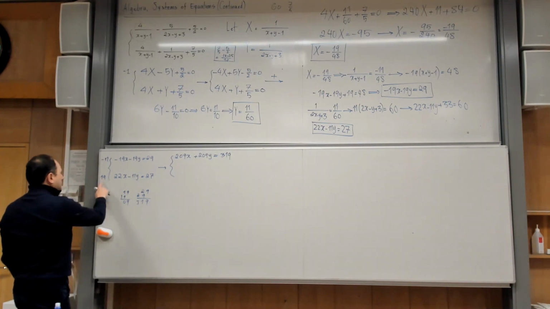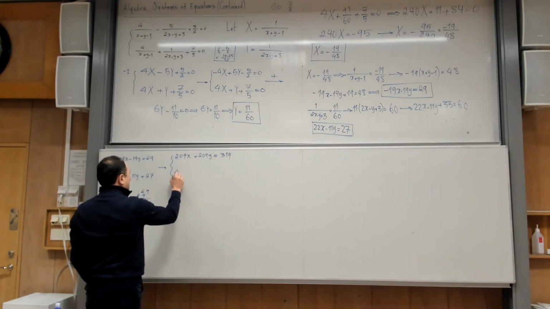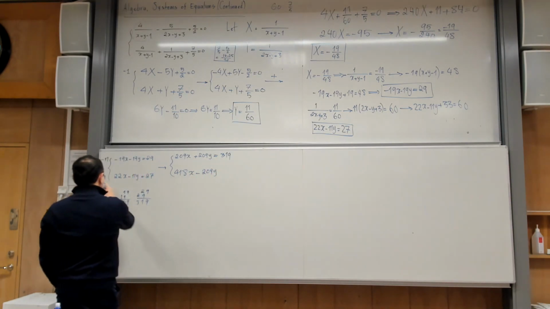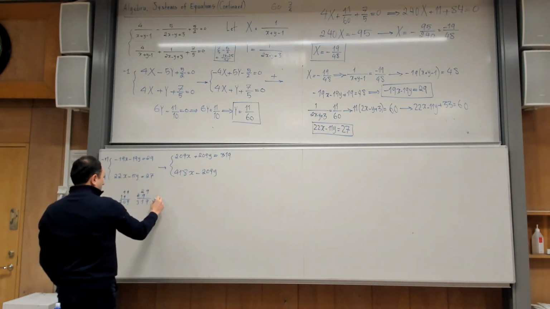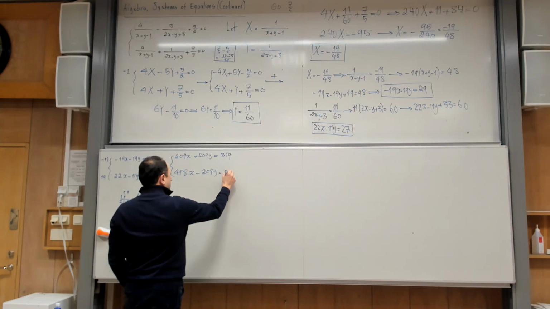And then I multiply this by that, so this is 209 times 2, 418x, and then this becomes minus 209y, then I have to multiply this by that, but I need to subtract 27 times 19 from it, so it is 513, yes?